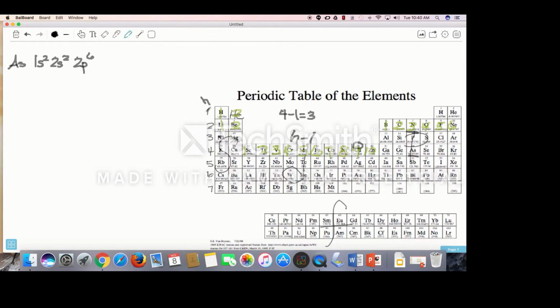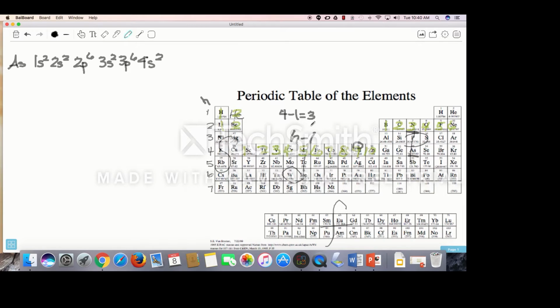Now remember, we've got to go all the way down to arsenic. So after 2p6, you come down to the next energy level, which is 3, the S sublevel, 2 electrons. We move across from 3s2 to 3p6. After 3p6, we have 4s2.